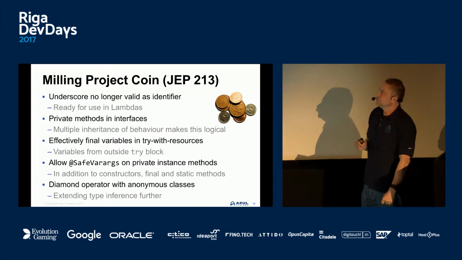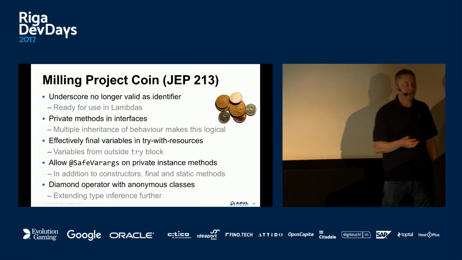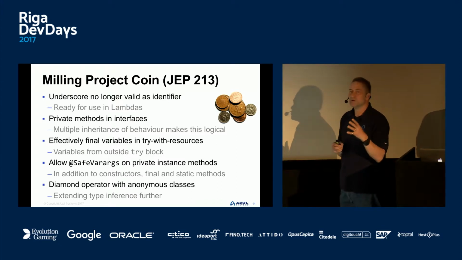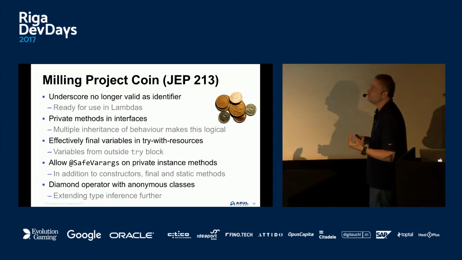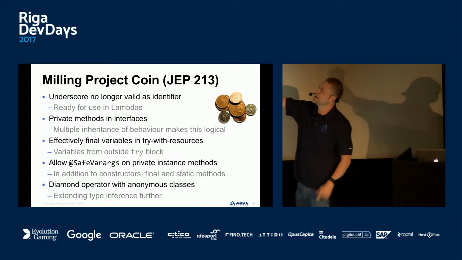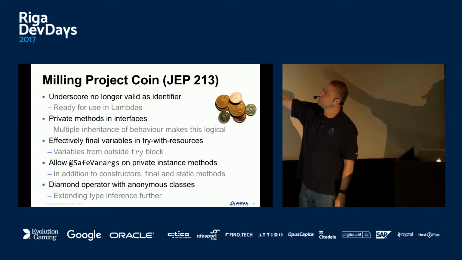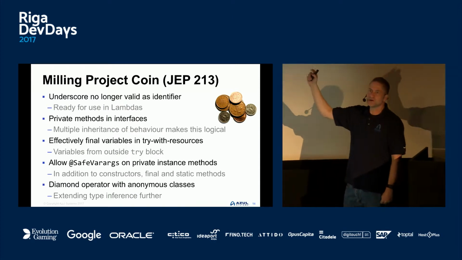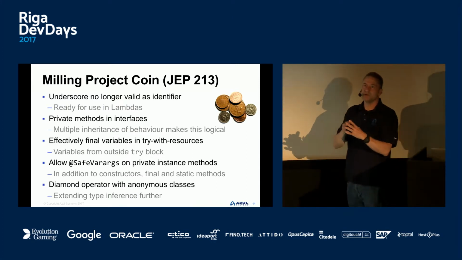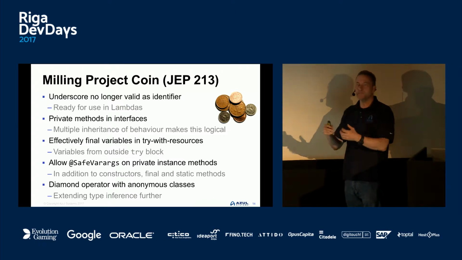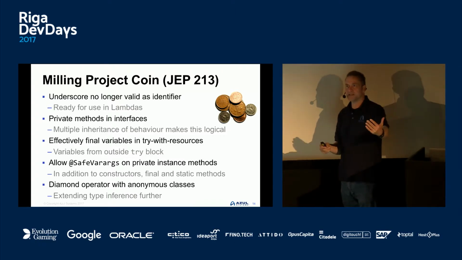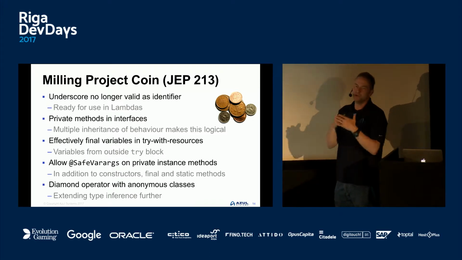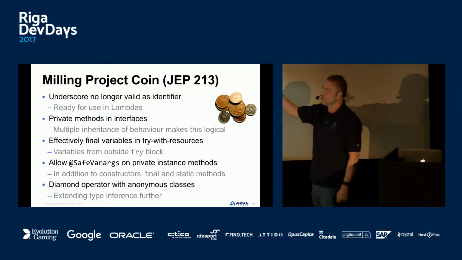Safe varargs on private instance methods. This is a small change which is being made in terms of how type inference is used. Actually, no, not type inference. It's how inheritance is used. Yeah, sorry, I'm getting ahead of myself here. So safe varargs, you can use safe varargs to understand if there's a place where you might get a warning which actually doesn't make sense, because the compiler looks at things and says, oh, this could be a problem, but you know it's not because of the way that the code works.